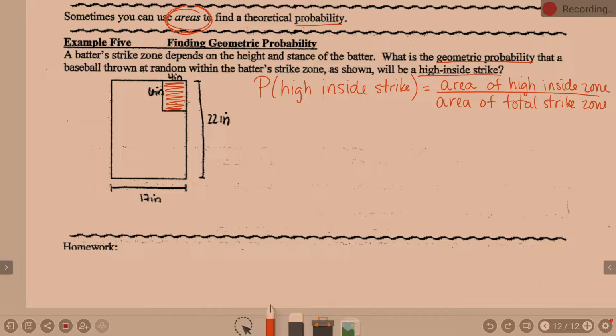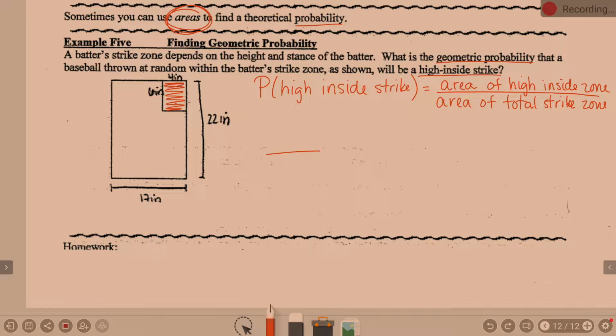Well, please tell me we know how to find area of a rectangle. What are we doing here? On top, how am I going to find area of the high inside strike zone?